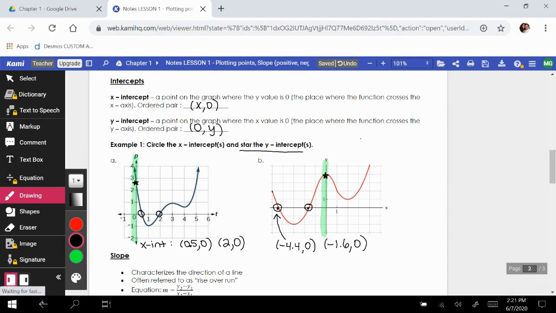So let's write an ordered pair for the y-intercept. Here we'll say that's about 2.5, so I'll put 0 comma 2.5. We're not going left or right at all, but we're going up 2.5. And then on the second picture, for the y-intercept, this point right here, it looks like that's at 1, 2, 3, 4. We'll say that that's 0, 4.